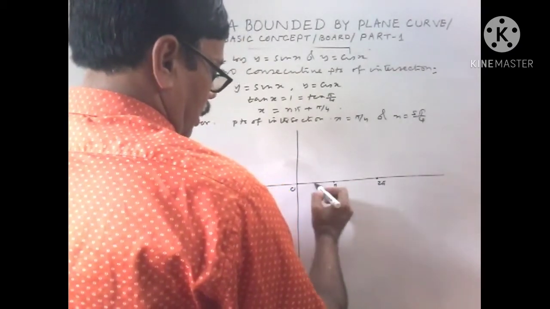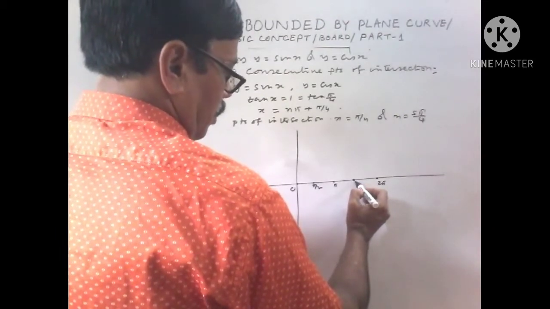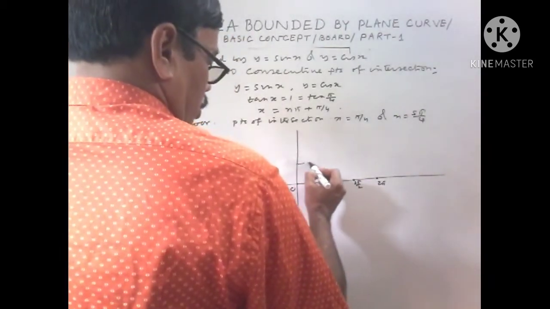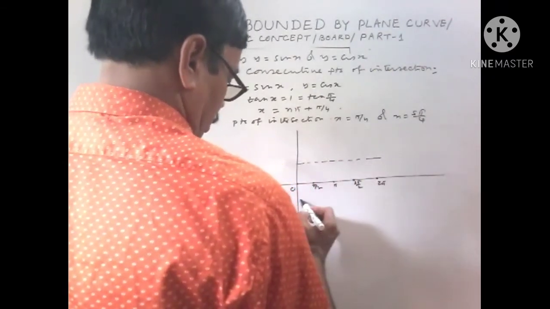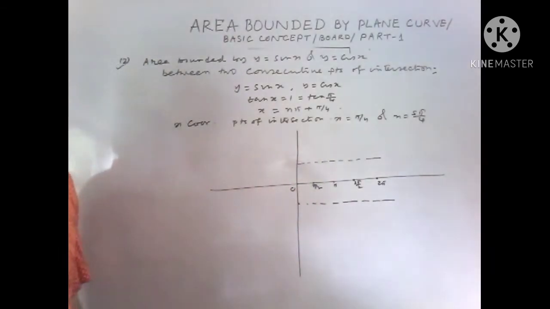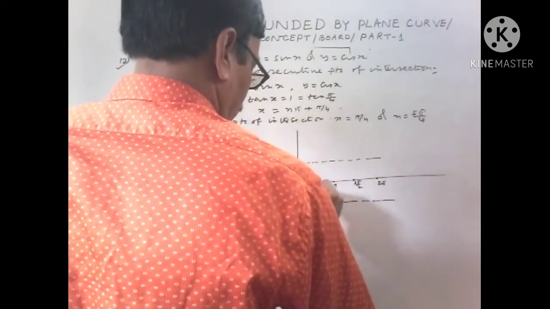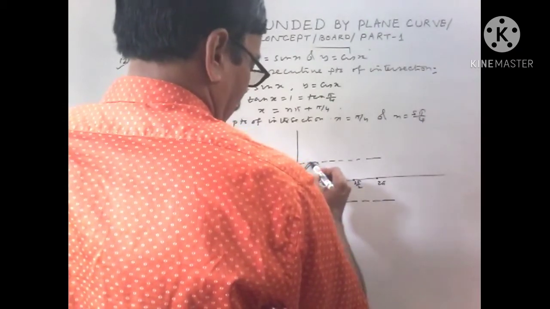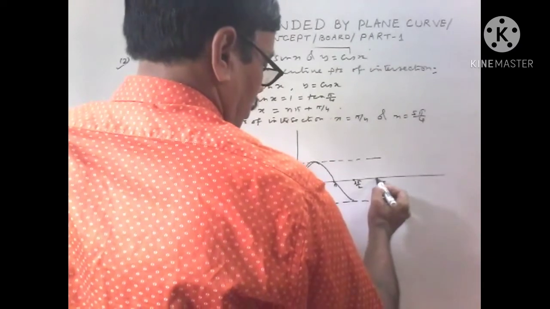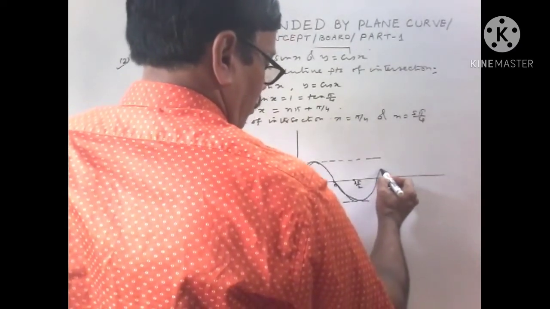So this is pi, this is pi by 2, this is 3 pi by 2. So this is 1 and this is minus 1. We know the maximum value of sine is 1, minimum value minus 1. So the sine curve at pi by 2 is 1, and at 3 pi by 2 it is minus 1.